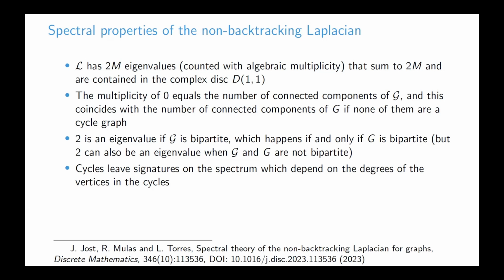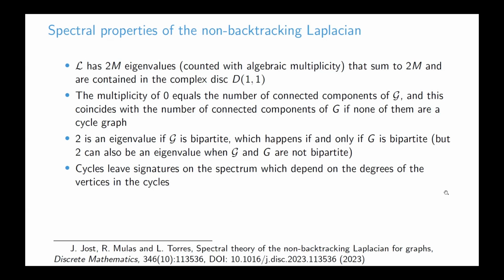And this point is important because I think that it explains the fact that, as it seems, the non-backtracking Laplacian is much better than the non-backtracking matrix at distinguishing non-isomorphic graphs.